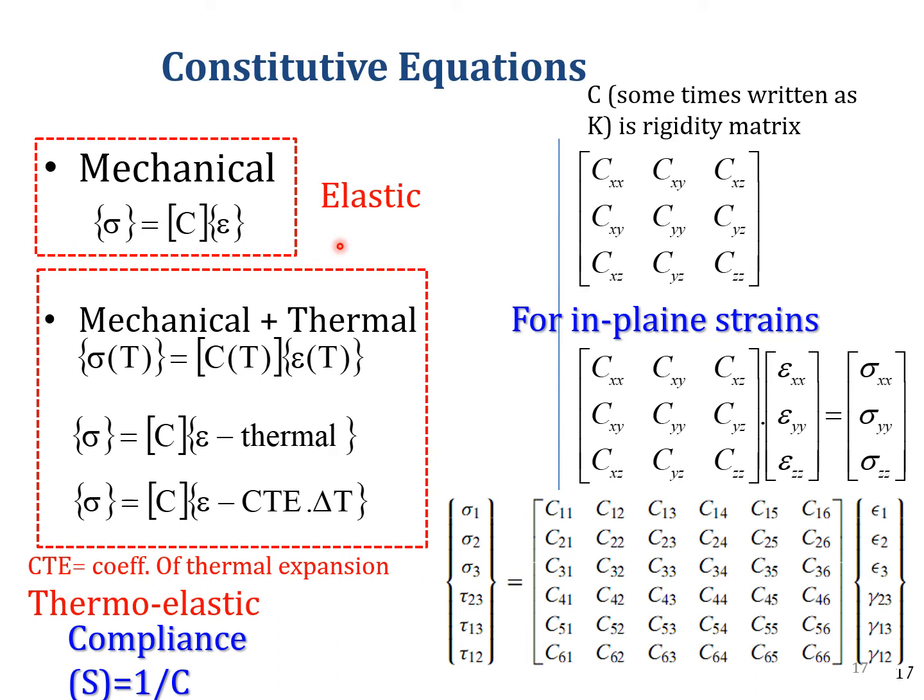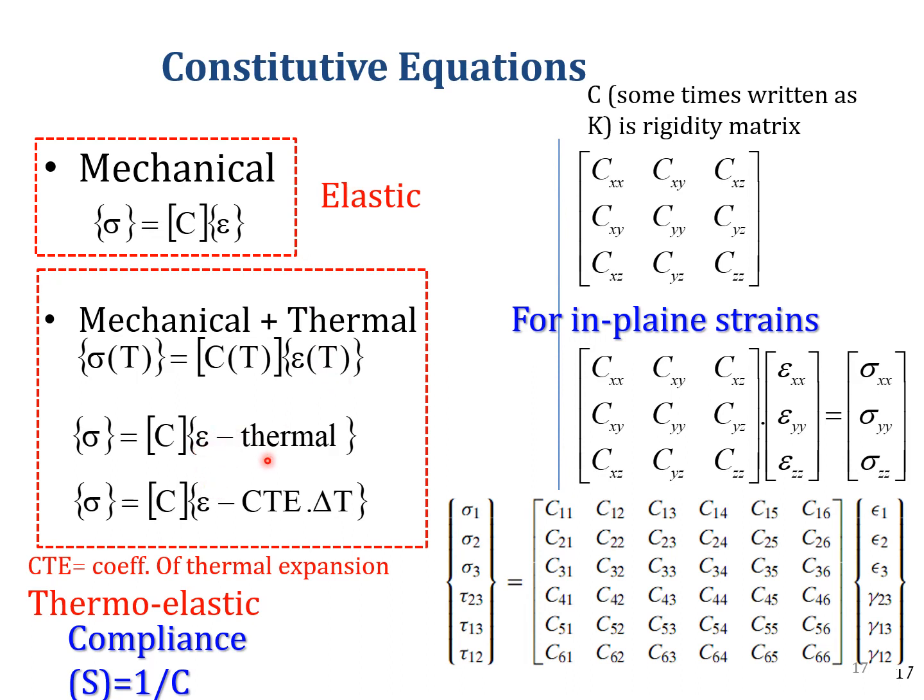If we are heating the object in addition to mechanical loading, the equation will become a little complicated. The stress which is being applied will be a function of temperature and is equal to the constant C. This constant or rigidity of material is also a function of temperature. It changes with temperature, and epsilon or strain will also depend on temperature.